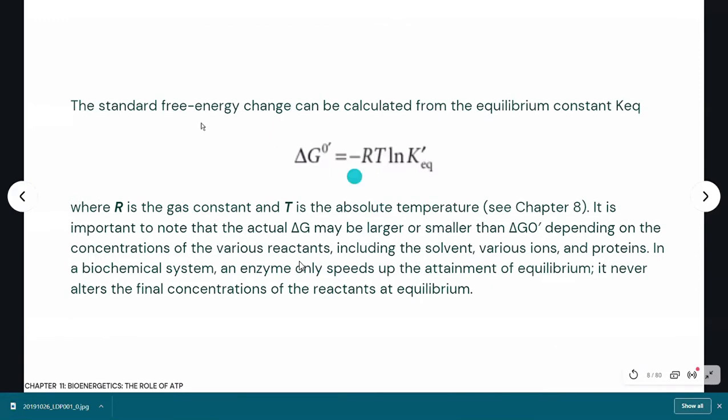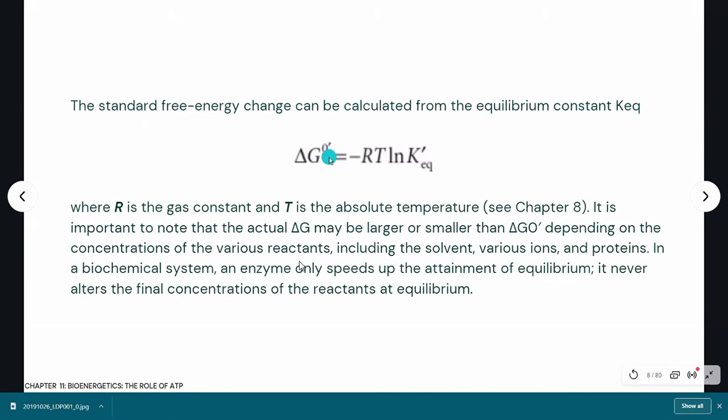The standard free energy change can be calculated from the equilibrium constant of the reaction. So this is the standard free energy change.